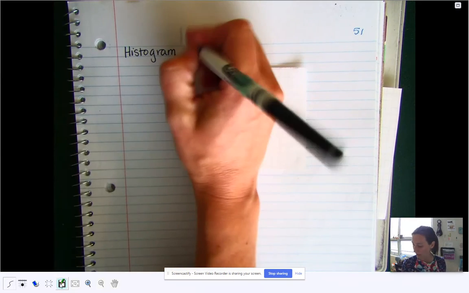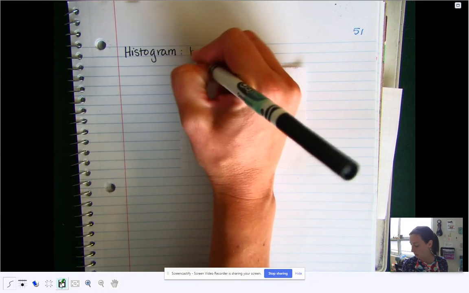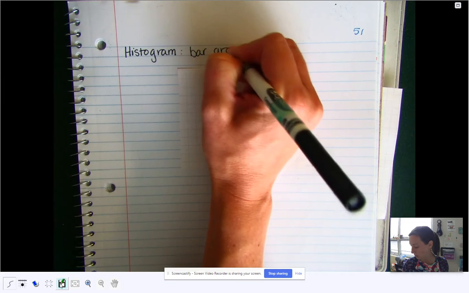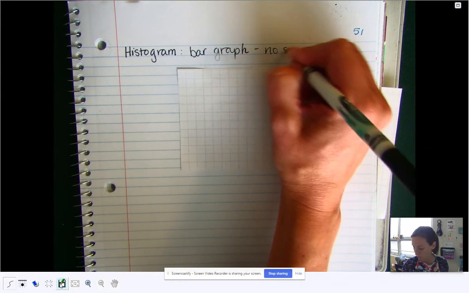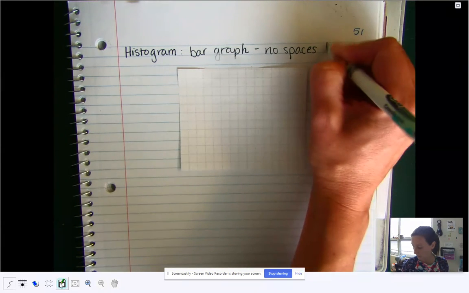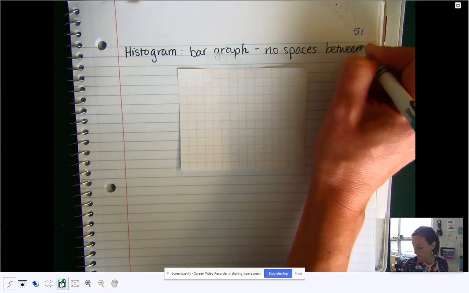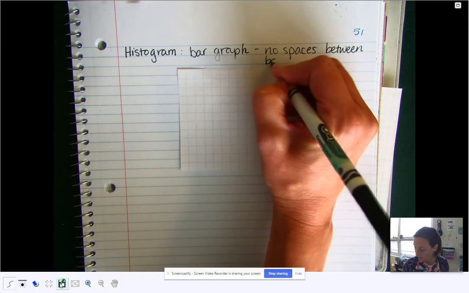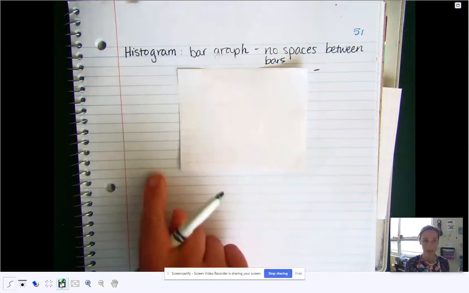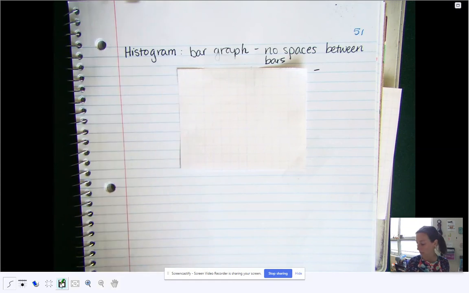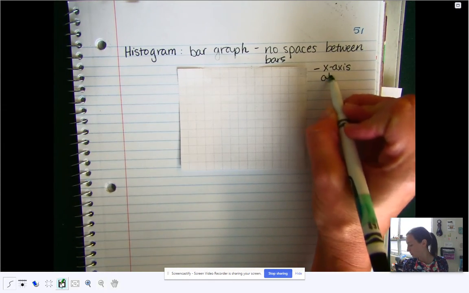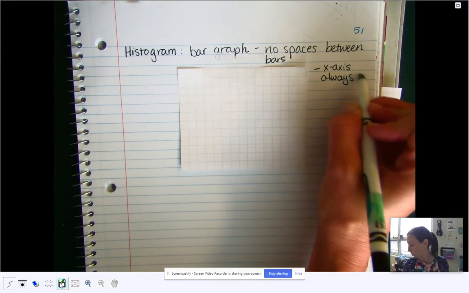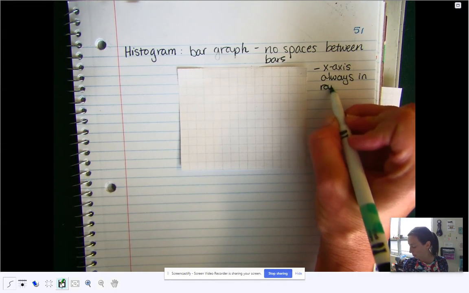So I'm going to steal some data from something. First of all, a histogram is basically a bar graph. It looks like a bar graph. The thing that's special about it is that there are no spaces between the bars, and that the data on the x-axis is always clumped into ranges, or sometimes we call them increments.